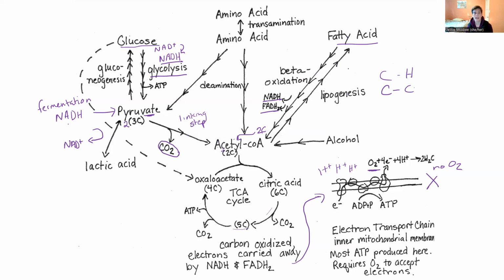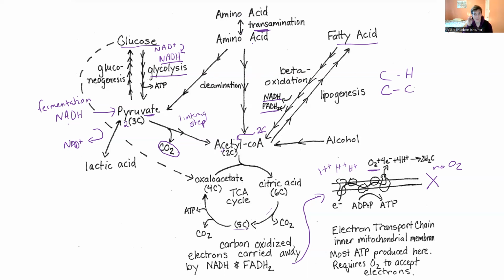I just want to note that we call those processes of breaking down and releasing energy catabolism, and the processes of building up, that use energy and store energy, are called anabolism. I didn't go into the proteins too much, but to make amino acids, you need to use the process of transamination.